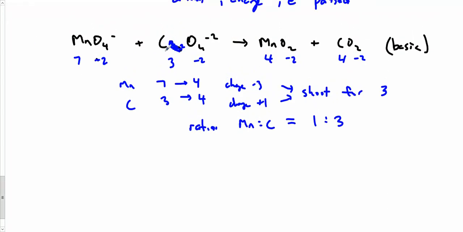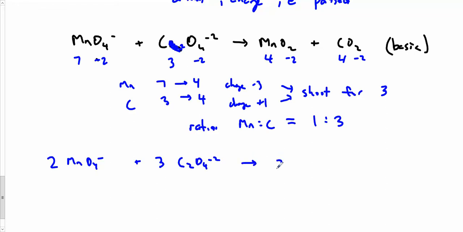Now I've got a 2 here, which is going to cause me a problem in a minute. So I'm going to double everything. So I'm going to get 2 MnO4 minus. I'm going to need a 3 C2O4 minus 2.